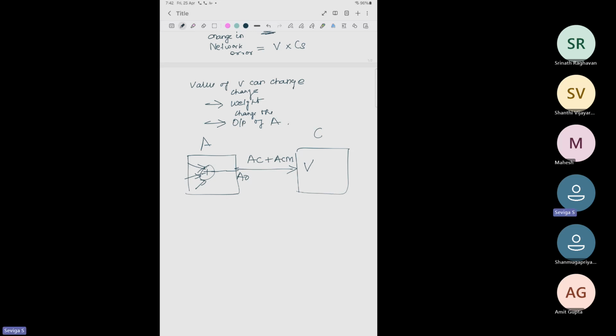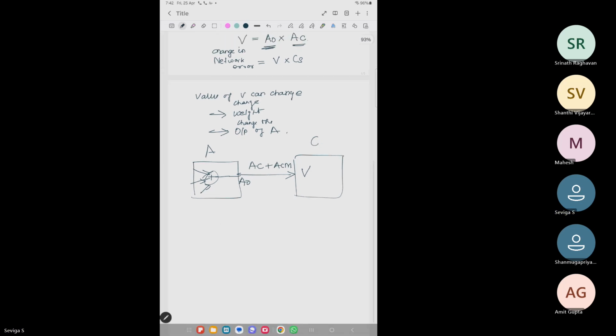Previously the V value was A naught into AC. Now the value is A naught into AC plus ACM. So what is the change in the outcome? The change in the outcome is A naught into ACM.